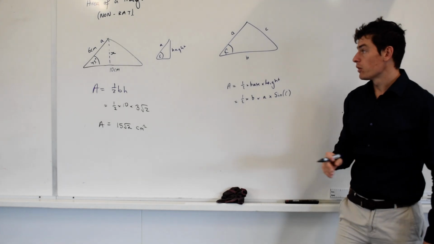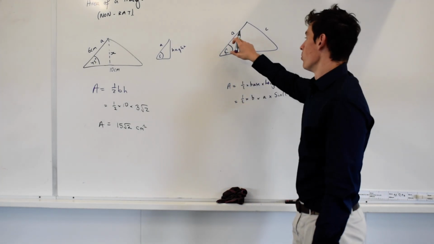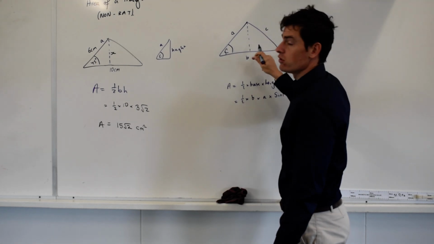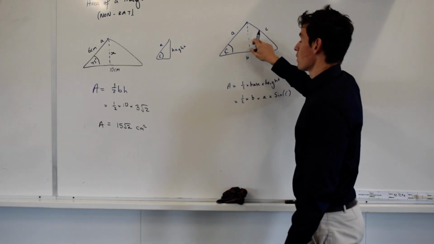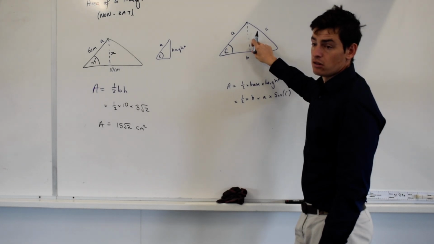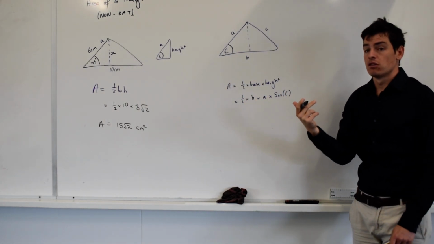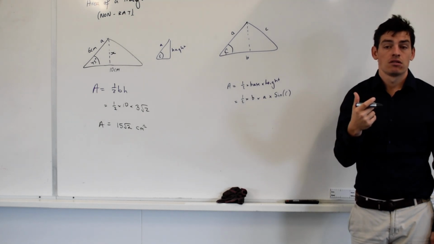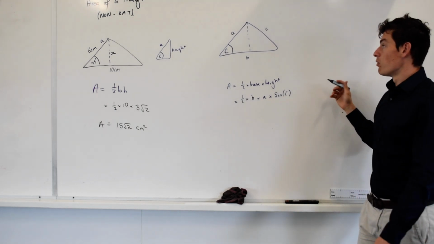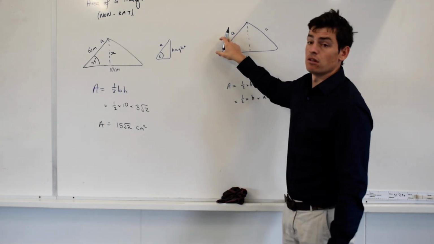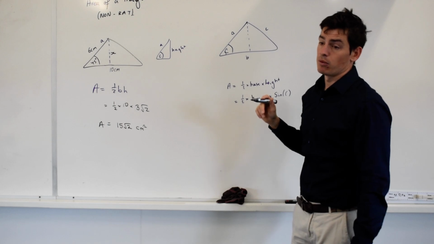Because it doesn't matter whether we choose A or B, but let's say we pick A. A is going to be the hypotenuse, and we're always looking for the opposite. So if we've got opposite and hypotenuse, what trig value are we using? Sine. Then we rearrange, we multiply both sides by the hypotenuse, and that leaves us with our height. Happy with that?